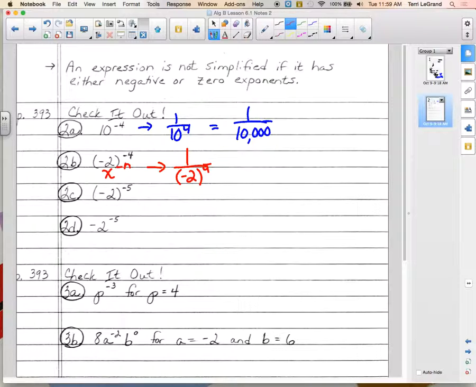We ditched the negative sign in front of the n. So, negative 2 to the positive 4 power. Now we will say to ourselves, okay, we know what negative 2 multiplied by itself 4 times is. Negative 2 times negative 2 times negative 2 times negative 2 is? 16. So this becomes 1/16.